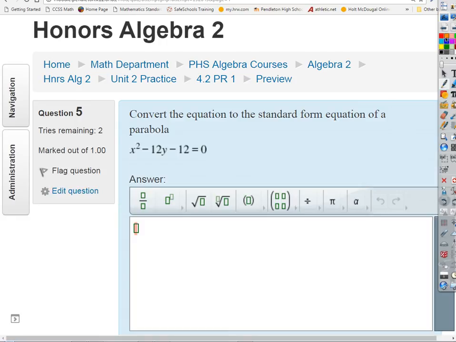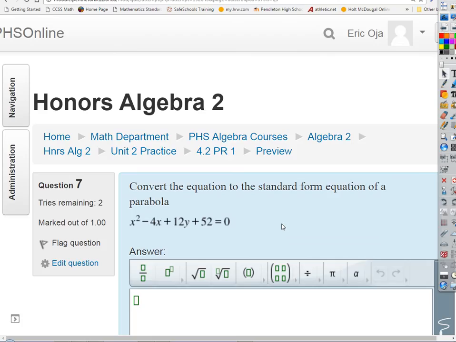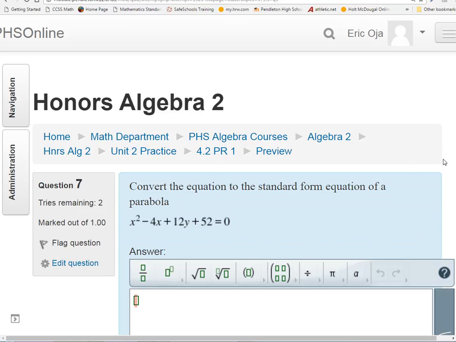Okay, let's look at a little harder one. How about something like that? This time, we can see that the variable that's being squared is the x variable.